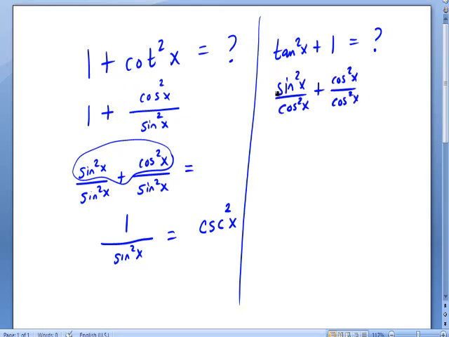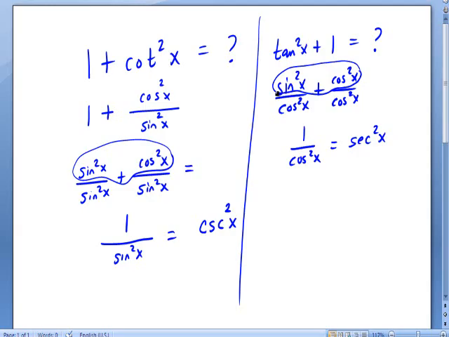And then by joining these together, with my common denominator of cosine squared, I see that the numerator again simplifies to a 1, and then by definition 1 over cosine squared is secant squared. So again, a very common one is that secant squared is equal to the tangent squared plus 1.